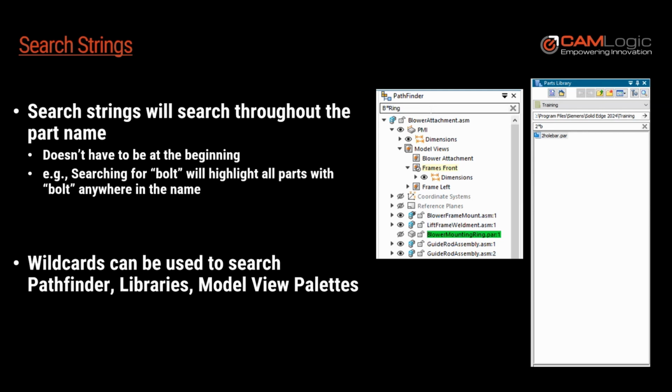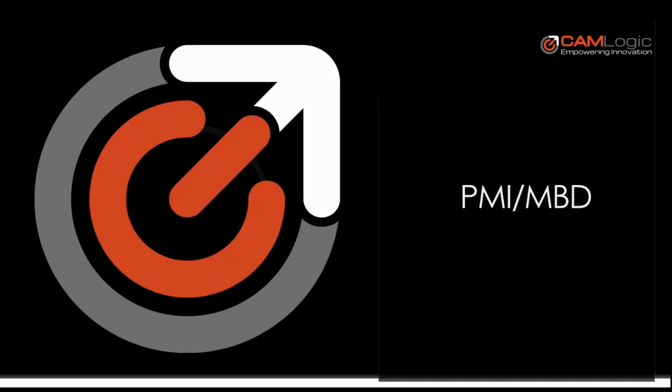So the example on the top right there is if I search for B asterisk ring, it'll find the blower mounting ring because it starts with a B, and it doesn't matter what's in between that, ring is somewhere else after the B. These are really helpful just when you're trying to find things, whether it's through a large part library, whether you have several hundred parts in your Pathfinder, or a bunch of model views. It can really help speed things up so you're not having to manually search for things.